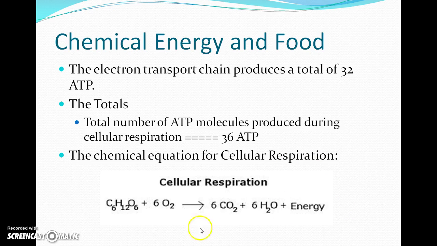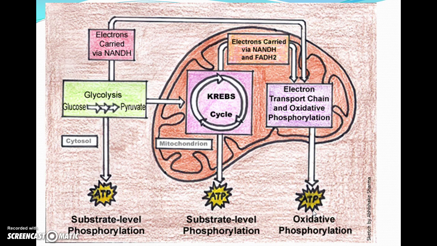Here's the formula for cellular respiration. You put glucose, this is the chemical formula for glucose, in. You mix it with oxygen, and you put out carbon dioxide, water, and that ATP energy. This is a summary diagram of what this looks like. You have your glucose, it's broken down by glycolysis, and we make a little ATP. We also get those electron carriers filled up to take to the electron transport chain.